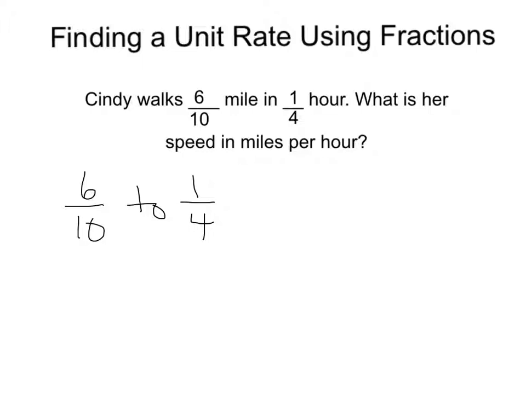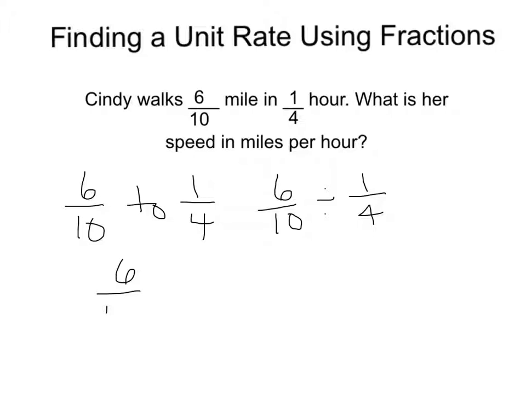We know when we want to find a rate, we are dividing the two numbers. So it's going to be 6/10 divided by 1/4. And we know when we're dividing fractions, what you're really doing is multiplying.